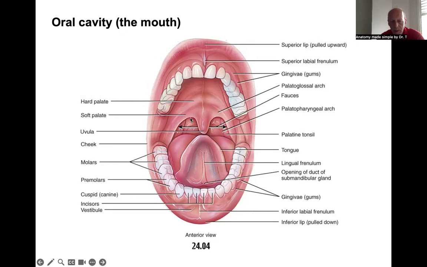Between the two arches, there is a little bit of a depression, kind of a pit, and within that pit, we're to find the presence of palatine tonsils, left and right. Keep in mind, palatine tonsils are just a larger accumulation of mucosa-associated lymphatic tissue, as what you and I have seen in the mucous membrane layer of the digestive tube.